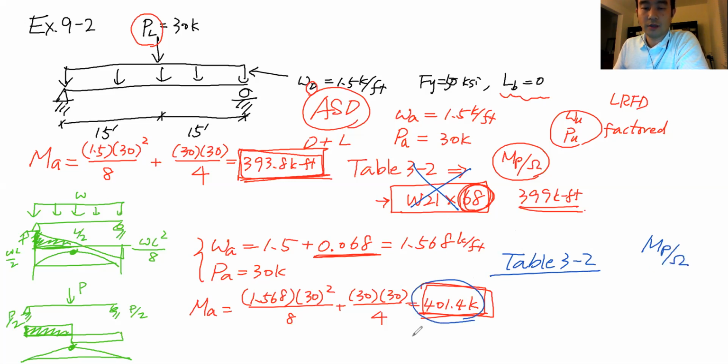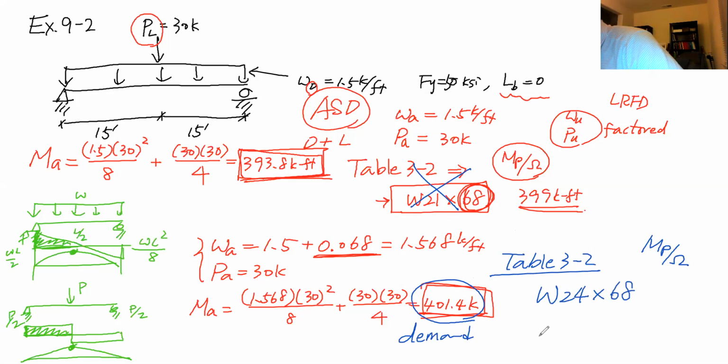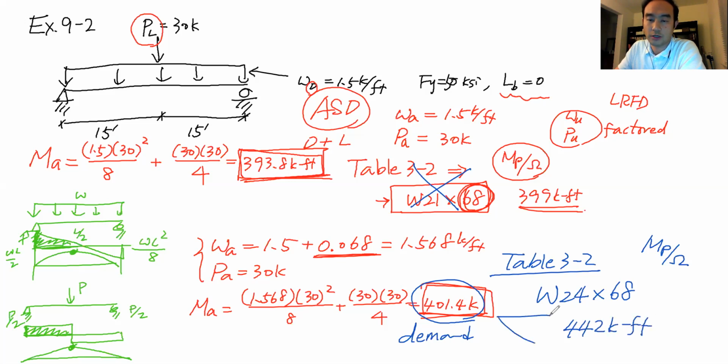So this is our demand now. Find the section which has a larger capacity than this, which is W24x68, and the corresponding capacity value is 442 kip-feet, which is larger than our demand. Okay, so this is going to be our final answer. So that's how we can solve the problem.